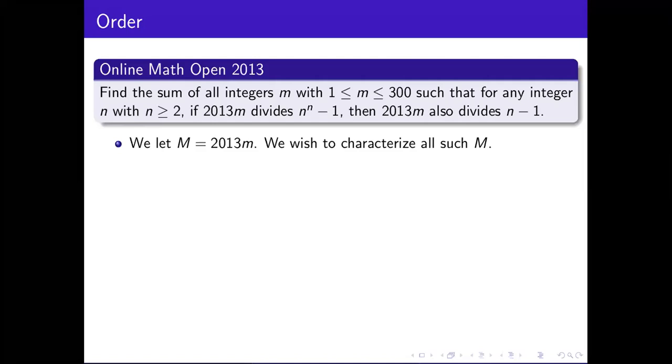And then we want to characterize big M. So how do we go about doing that? Well, we want to consider when big M divides things. This is easier to deal with if we just consider any prime power divisor of big M.